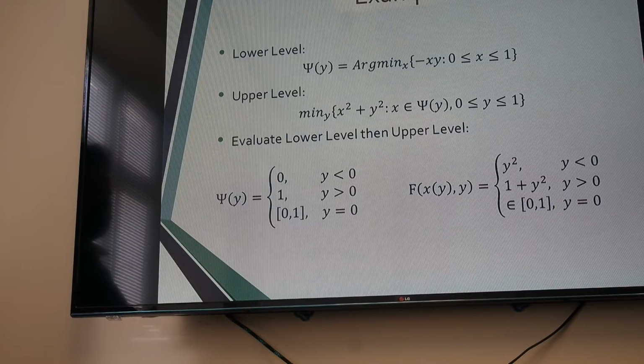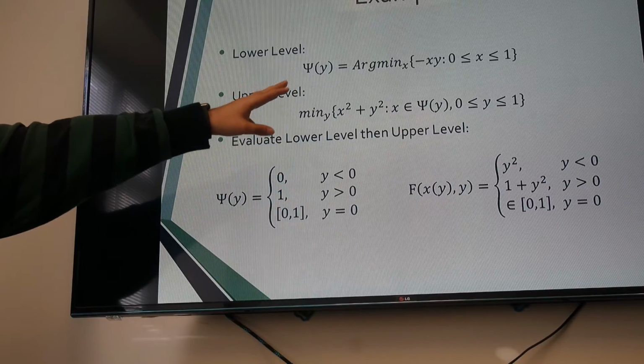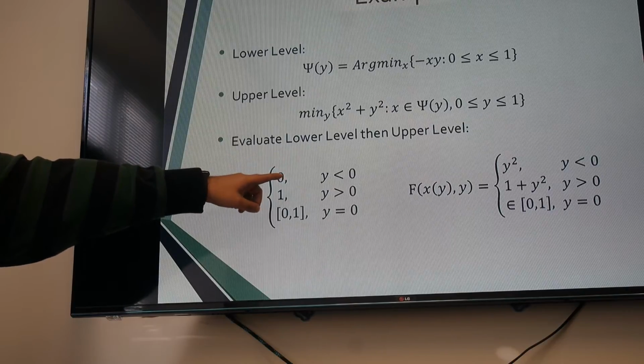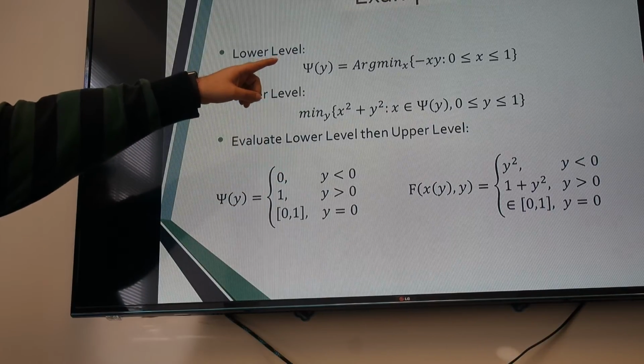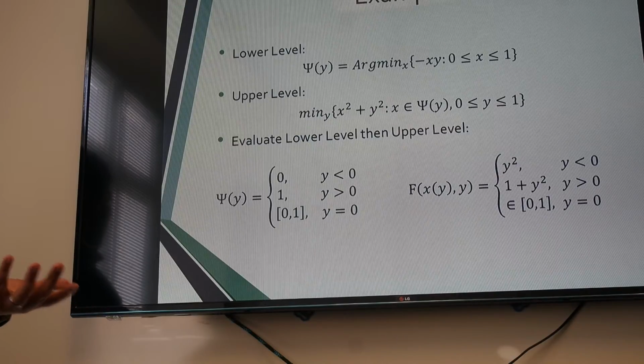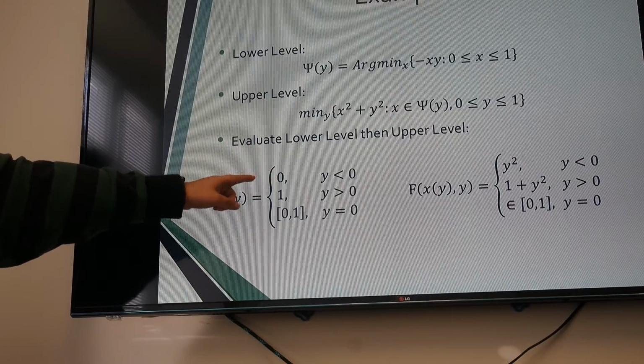Okay, so suppose that y. We here can have three different situations. If y is less than 0, that term minus xy will be minus x multiplied by a negative, so it will become positive. In order to make this as small as possible, we set x as 0. Is that clear?